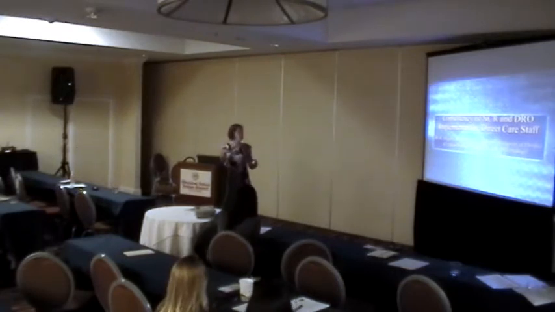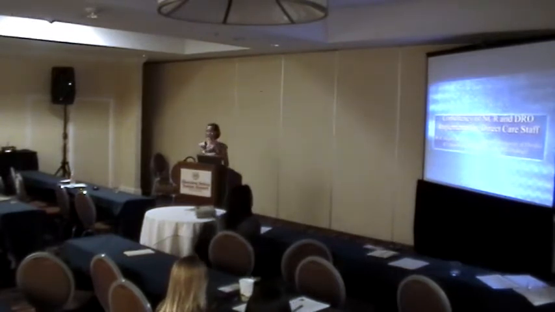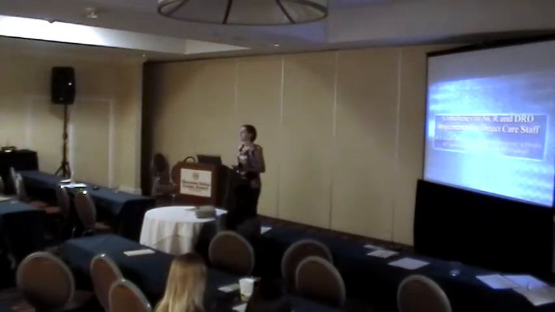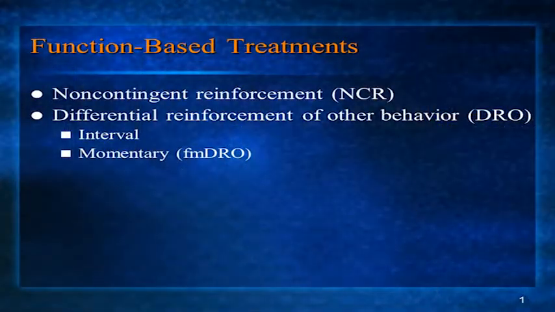Okay, so the study that I am going to describe focuses on the consistency, or the treatment integrity, of staff implementation of a couple of different common treatments for problem behavior. Two commonly used treatments for problem behavior exhibited by individuals with developmental disabilities are non-contingent reinforcement and differential reinforcement of other behavior.